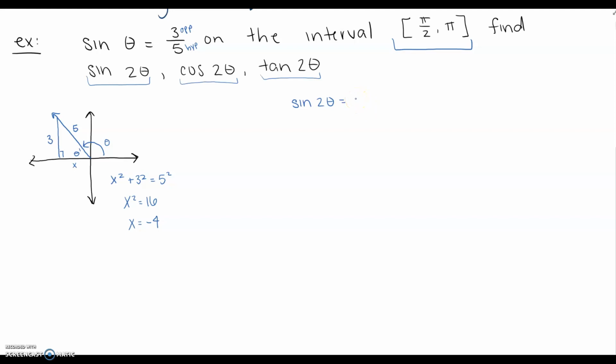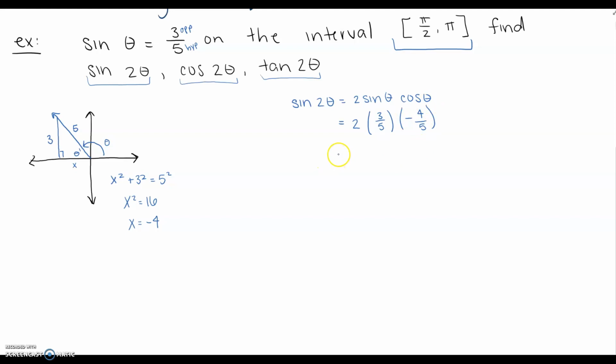So sine of 2 theta is equal to 2 sine of theta cosine of theta. And all we're going to do is replace sine with the actual value. So sine is opposite over hypotenuse, so this is 3/5. And cosine is adjacent over hypotenuse, so this is -4/5.